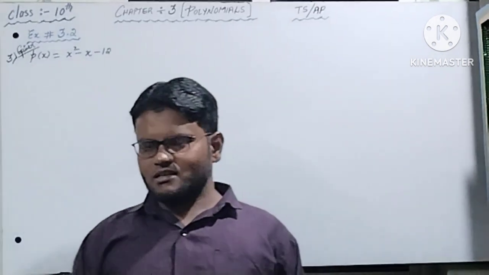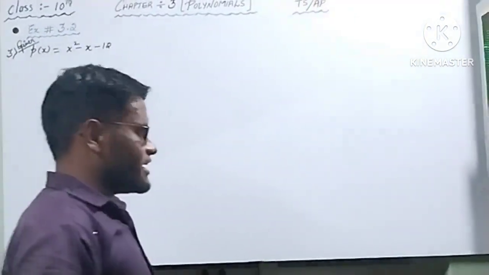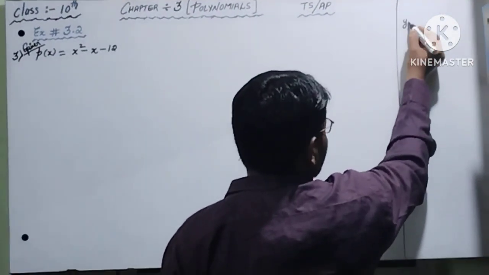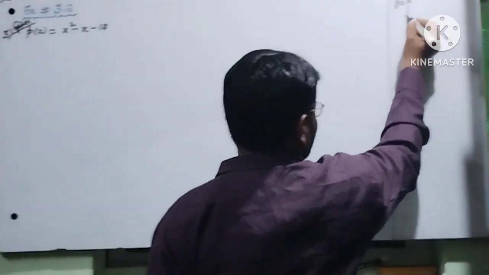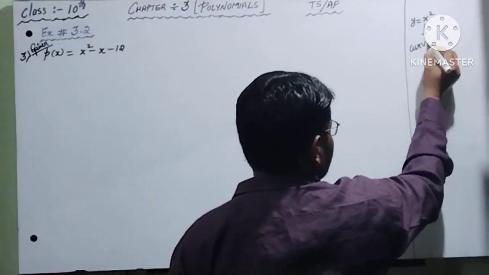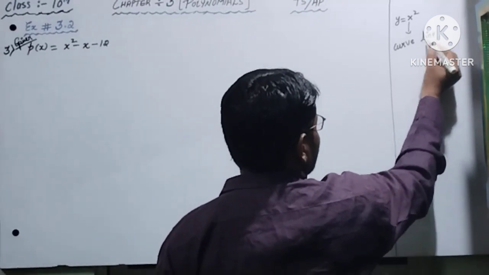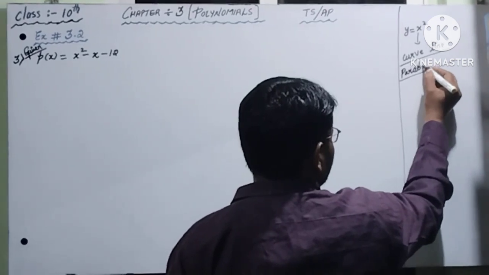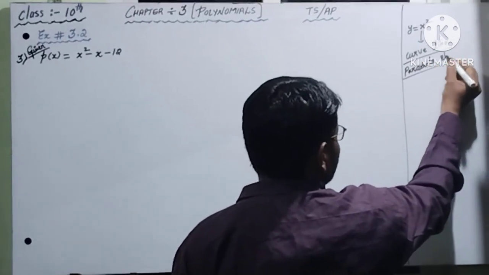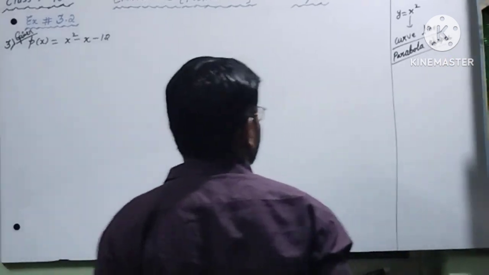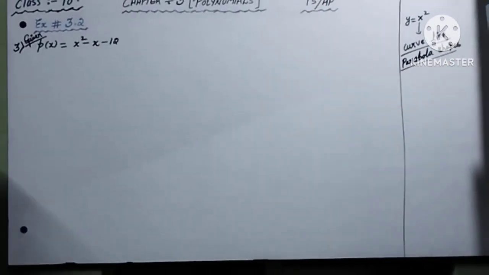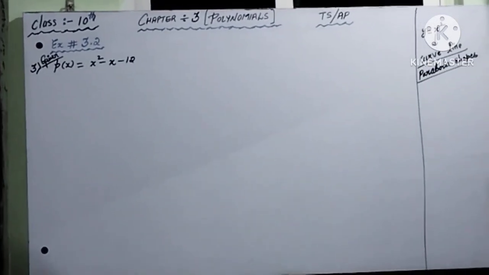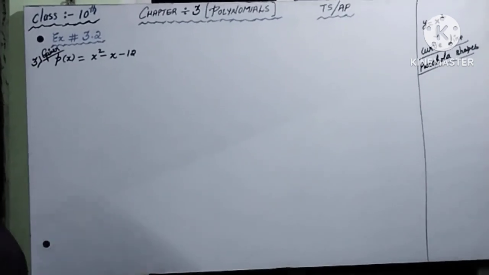Always remember that if the graph is in the form of y equals x square, then it will give curved lines, which means parabola shapes, that is, a curved line in the shape of U.